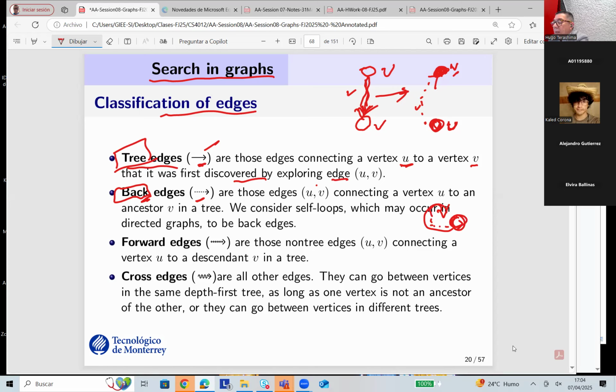Now, the other kind of edges that I may find in the search are the forward edges.